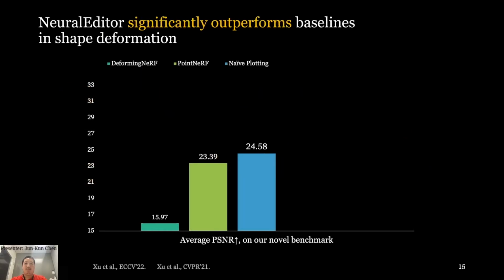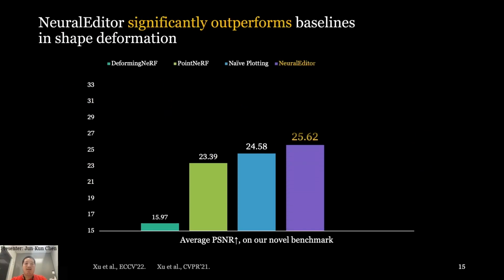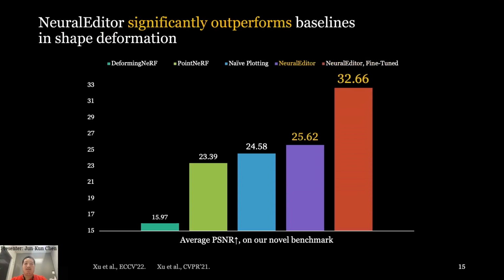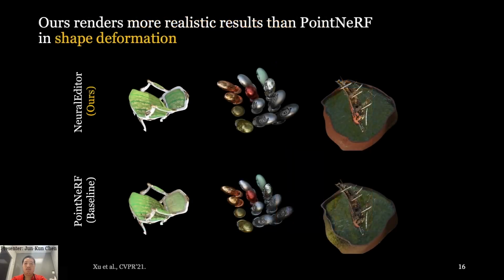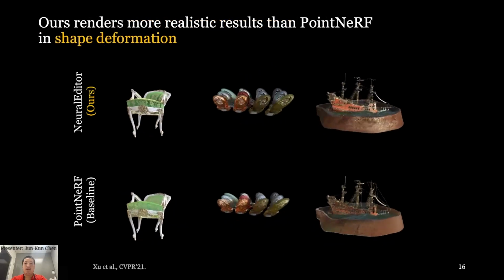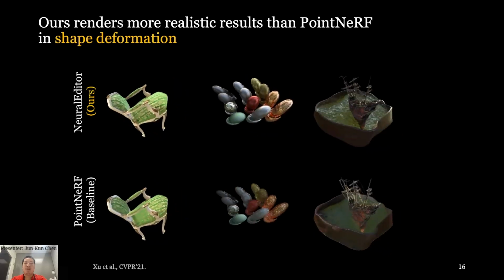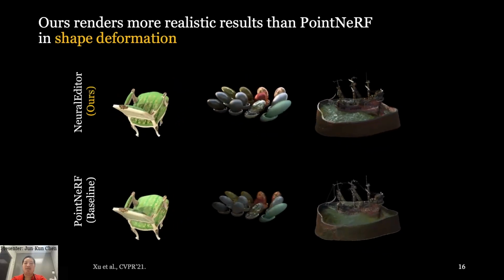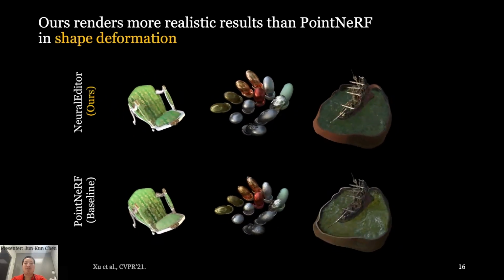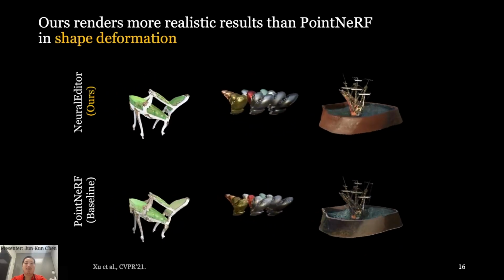In the quantitative benchmark constructed by us, our NeuralEditor significantly outperforms baselines and clearly further improves consistency after fine-tuning. The qualitative results on our dataset also show that our NeuralEditor renders more realistic results than Point-NeRF in the shape deformation task.